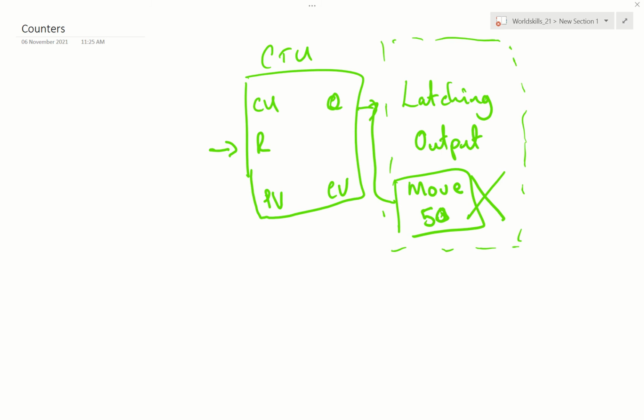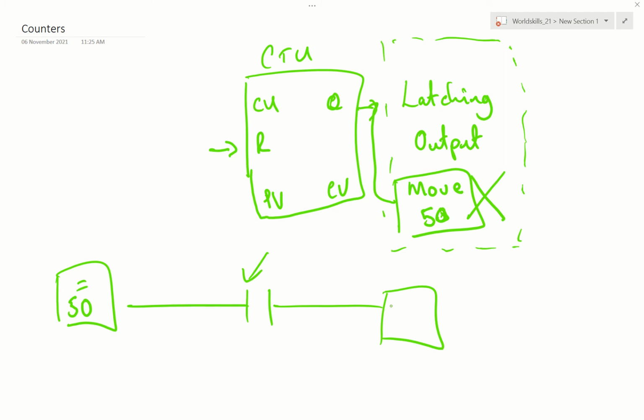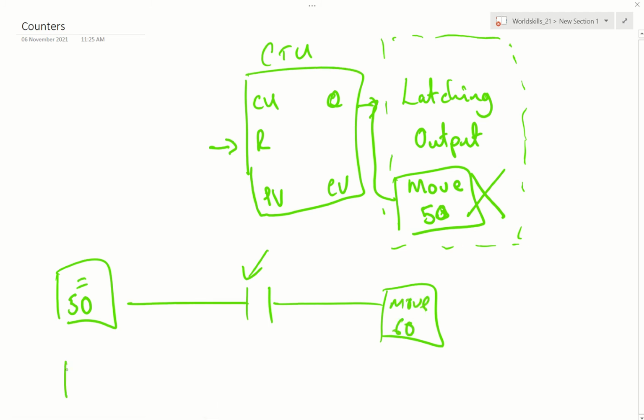But the problem is, if you do that and you move to the next step, say step 50, something happens, and then you're going to move to 60. When you move to 60, this is never going to happen because this is still latched up here, and it's going to move you back into step 50, so you get stuck in a loop.